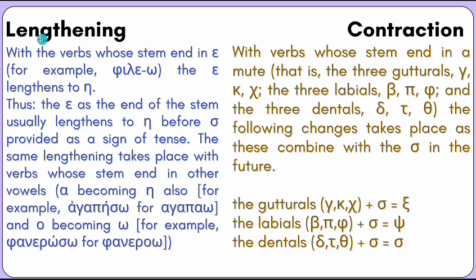Lengthening with verbs whose stems end in epsilon, for example phileo, the stem is phile, and the stem ends with an epsilon. The epsilon will lengthen to eta. That's the epsilon at the end of the stem. It usually lengthens to eta before sigmas.